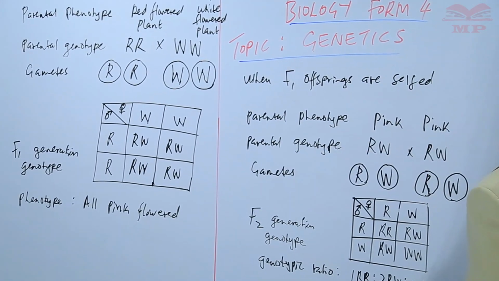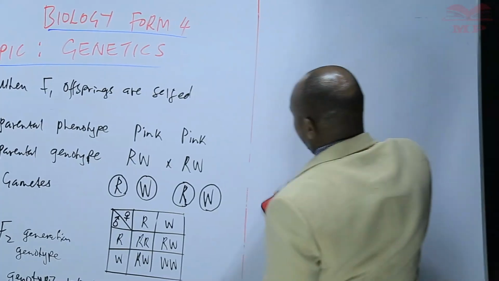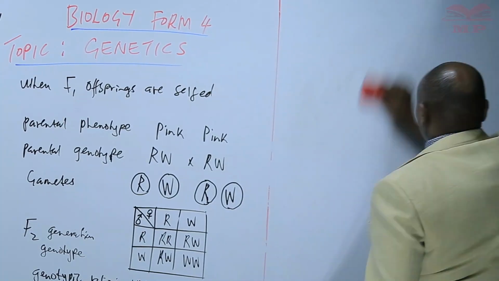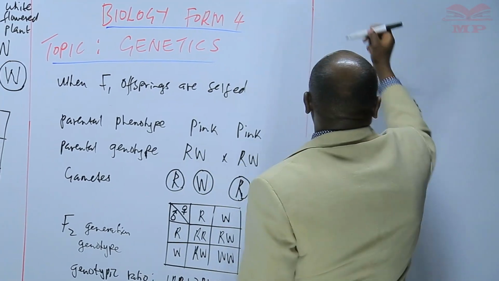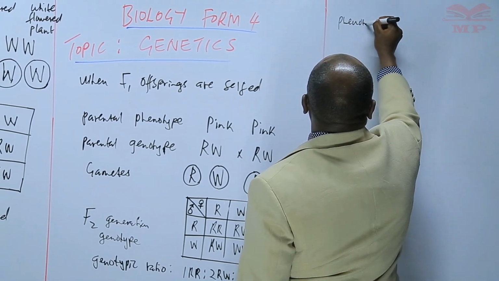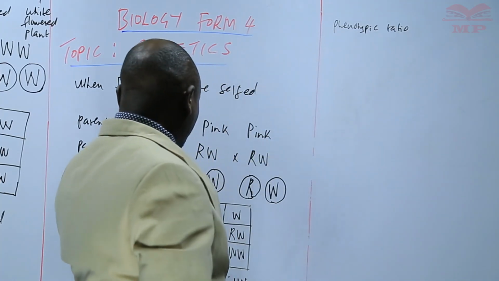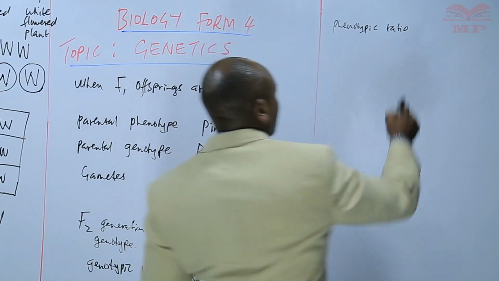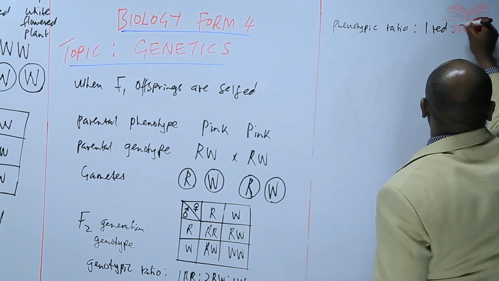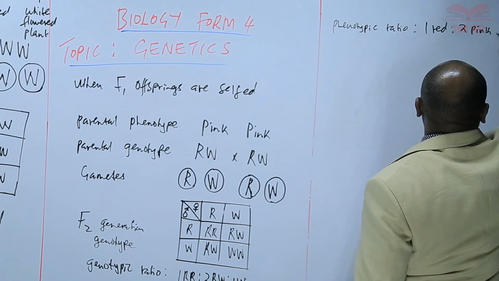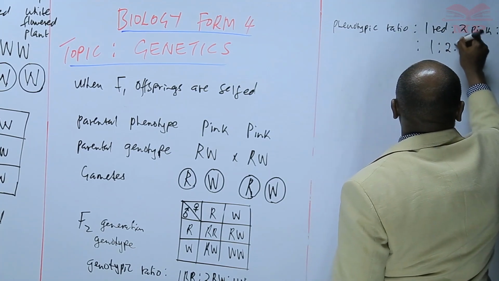We can also work out the ratio of the physical outlook, or outward appearance, the phenotypic ratio. We have 1 red, 2 pink, and 1 white, so the ratio also becomes 1:2:1.